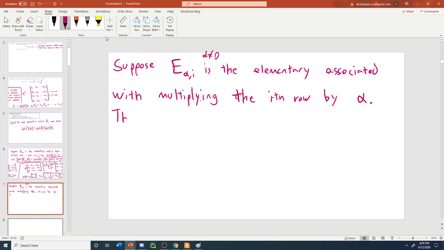Then we know that E alpha i looks like this. We have 1s along the diagonal until we get to the ith row, and then we have an alpha, and then we have 1s, and we have 0s everywhere else.